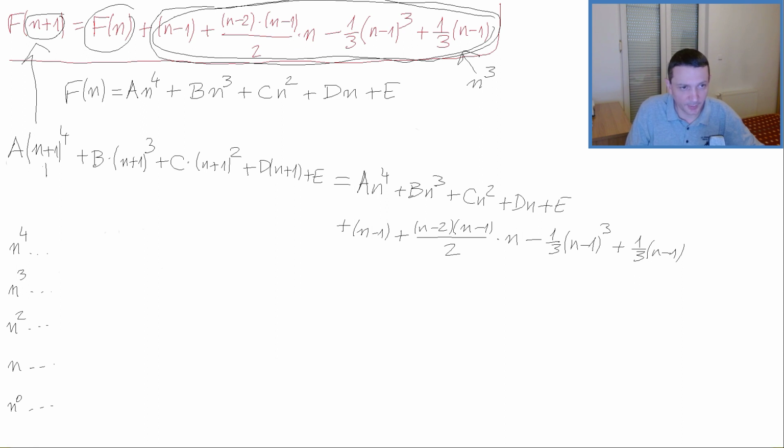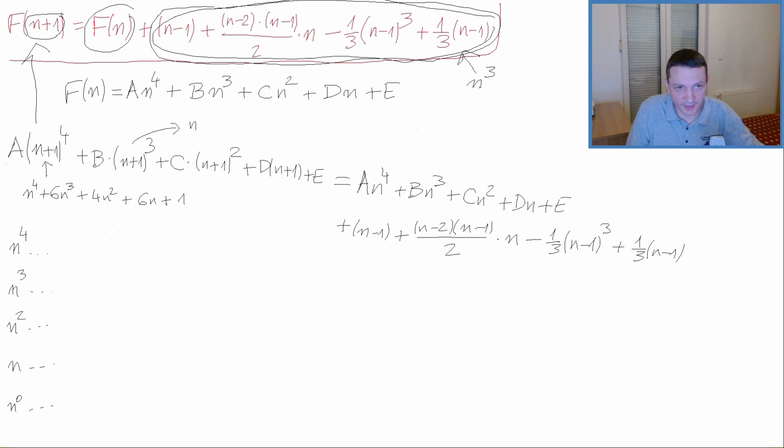So this (n plus 1) to the power of 4 is actually, by the binomial formula, n to the power of 4 plus 6n cubed plus 4n squared plus 6n plus 1.